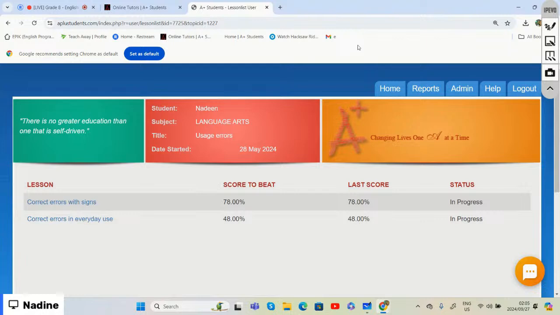So when it comes to usage errors, you need to know which specific error to correct within that specific sign. So we're going to look at a list of signs, and then we're going to have to try and correct all of those signs based on the wording of that specific sign. And we call that usage errors.